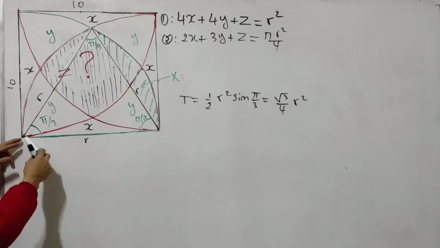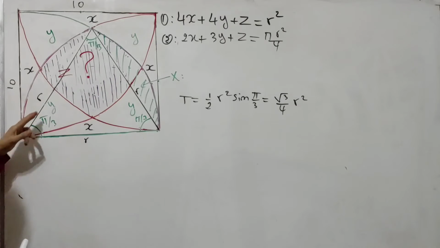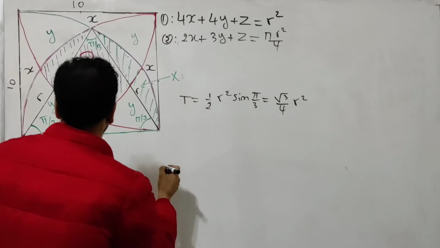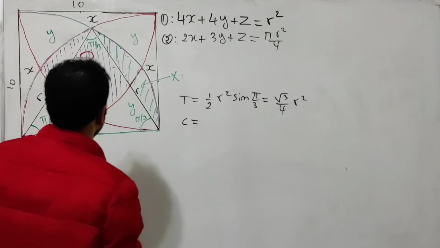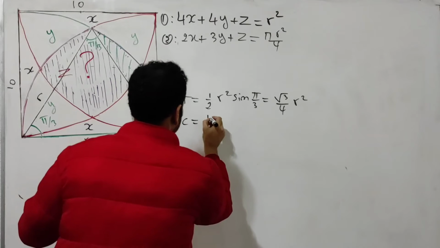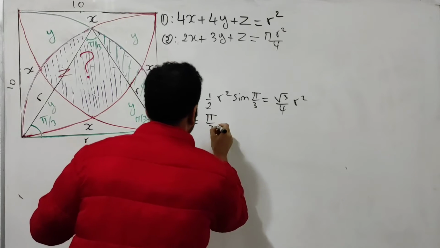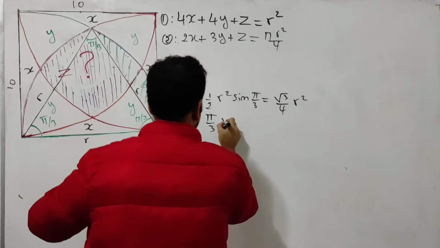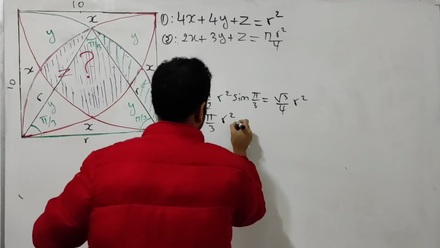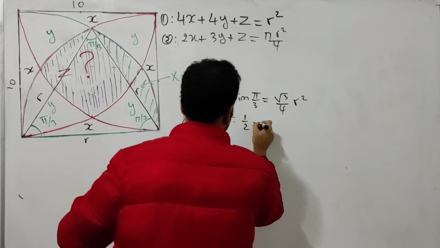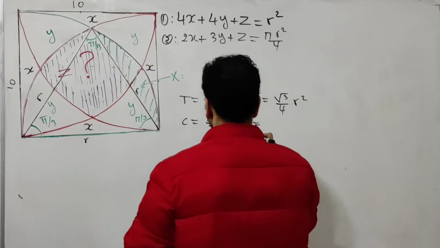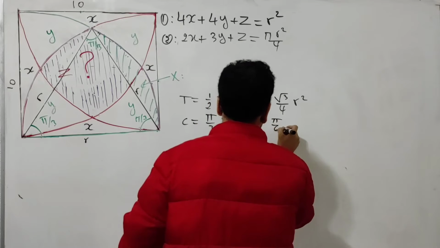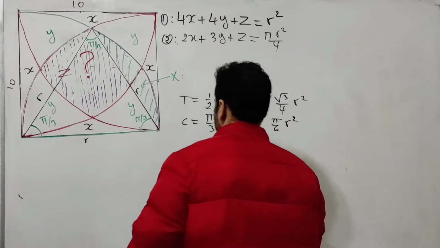I'm going to calculate this portion of the area, which is part of this circle. Let's call it the C area, equal to pi over 3 multiplied by r square divided by 2, okay, which is pi over 6 multiplied by r square.